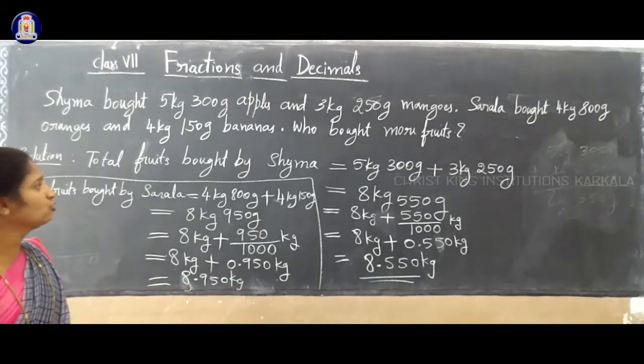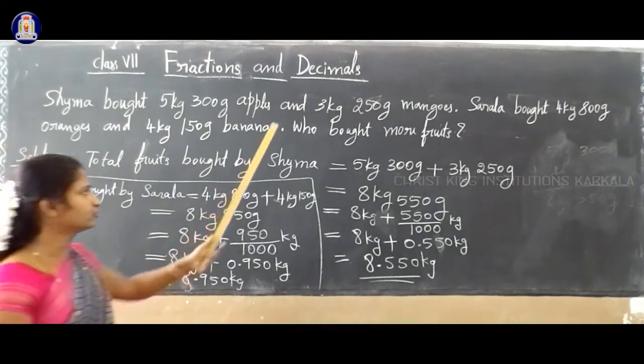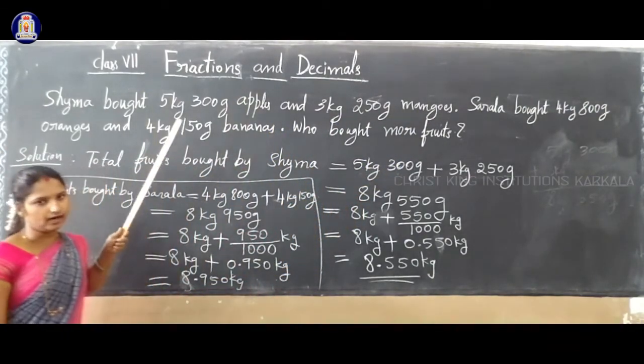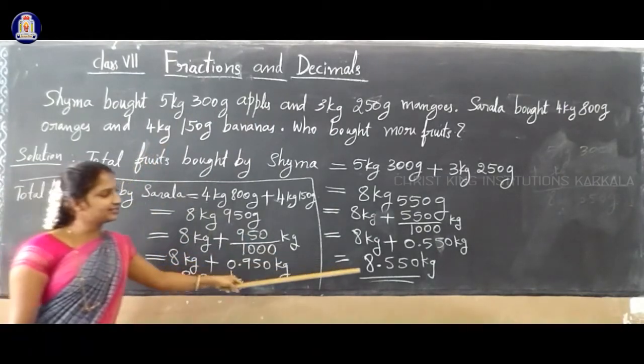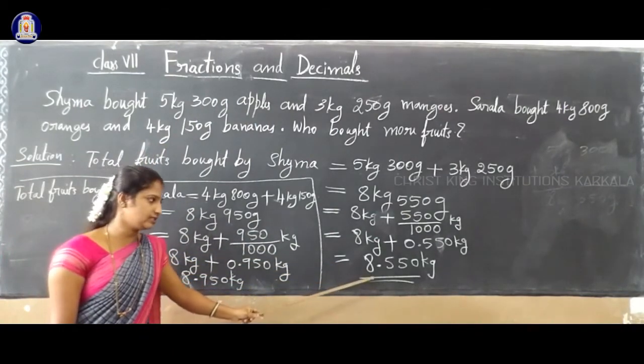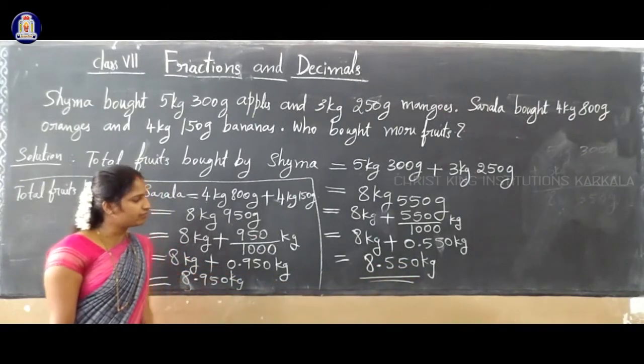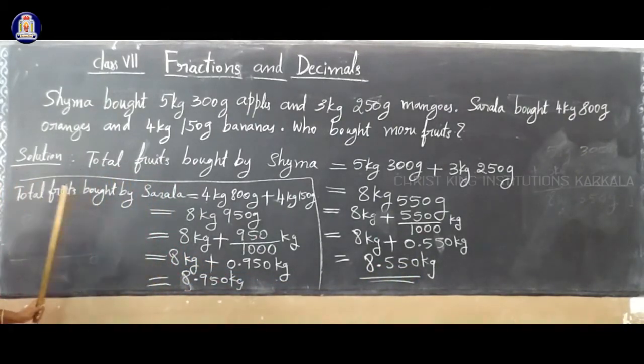So the question is, who bought more fruits? Shaima or Sarala? Shaima bought 8.550 kg, and Sarala bought 8.950 kg. So therefore Sarala bought more fruits.